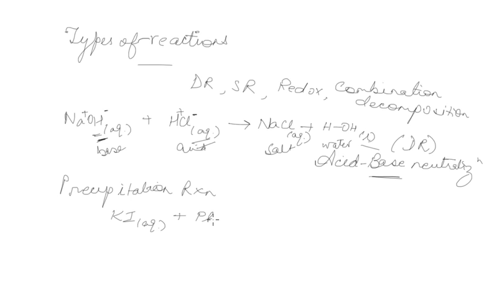And now I'm treating that with, suppose, lead 2 nitrate. That too is in the aqueous form. So envision that you have two test tubes which have clear solutions. One contains lead 2 nitrate, the other contains potassium iodide.